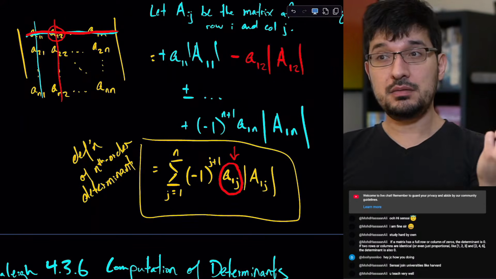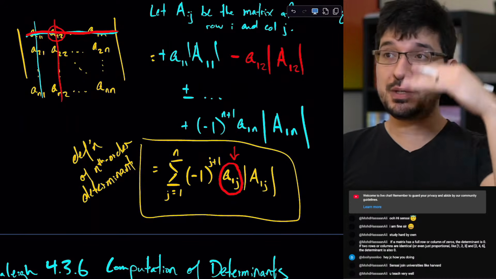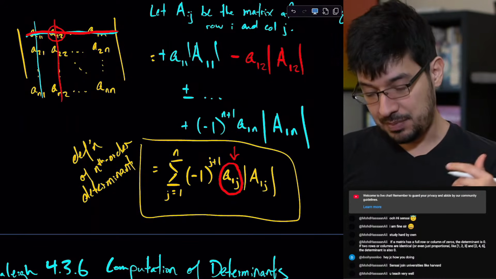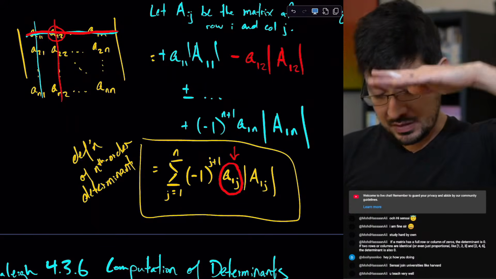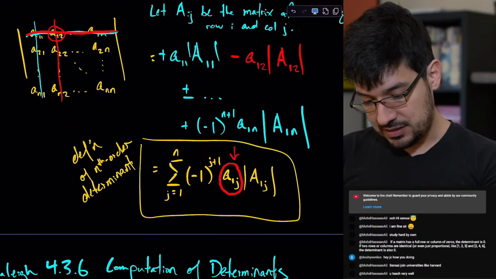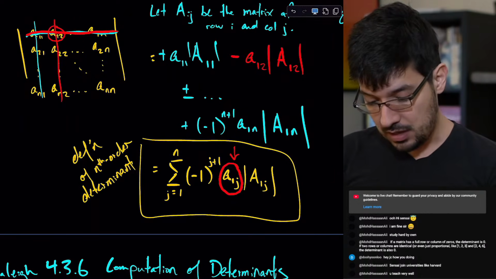So that isn't quite enough to say if any row or column is zeros. But I can see that if the first row is zeros, then this coefficient is 0, and so that term in the sum is 0.